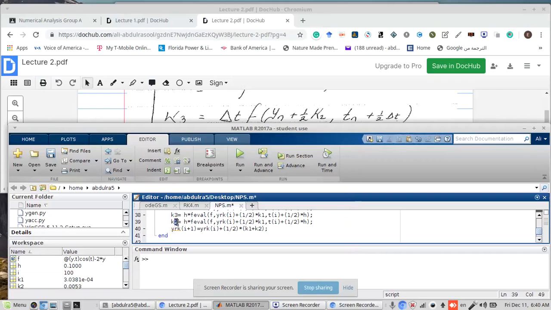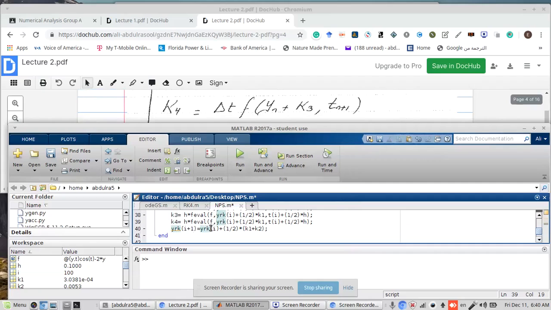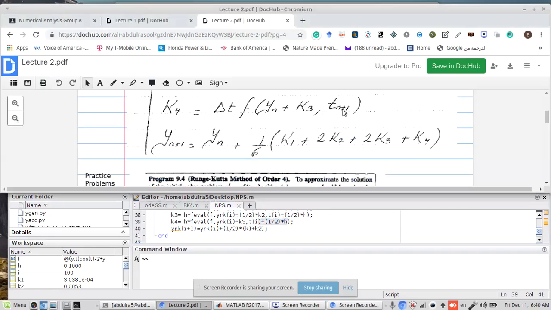K4, let's see K4, H times F, so here should be K3, same here, K2 should be K2, and n plus 1. So here should be H, so I should write something here.